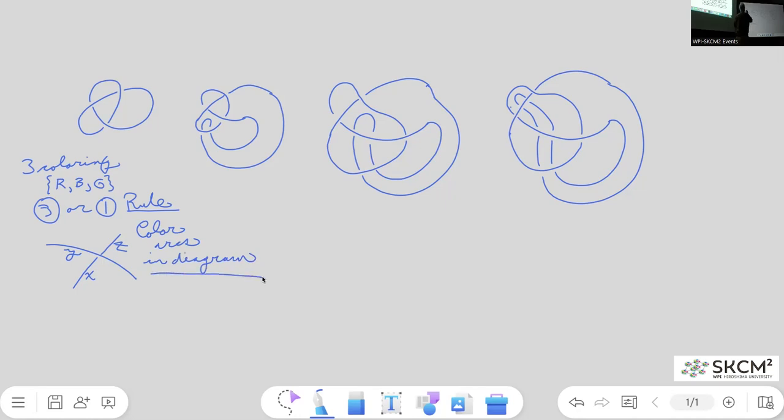So in this case, for example, I could color this arc red and this one blue and this one green. This whole arc is green, this whole arc is blue, and this whole arc is red.